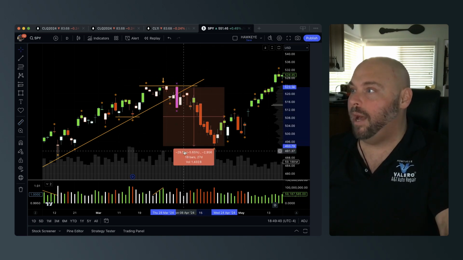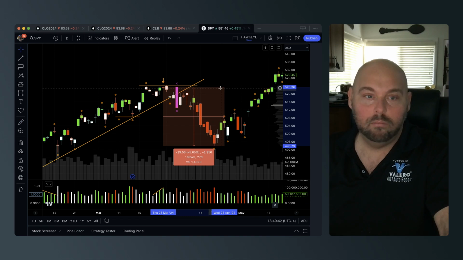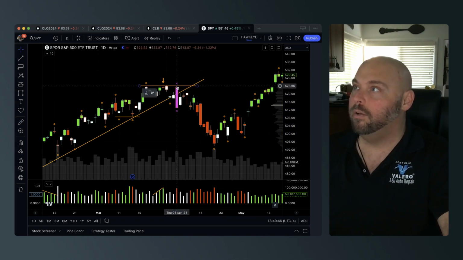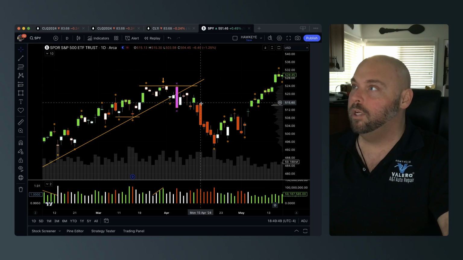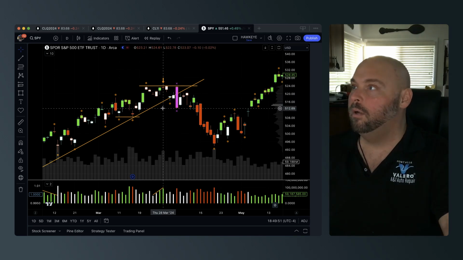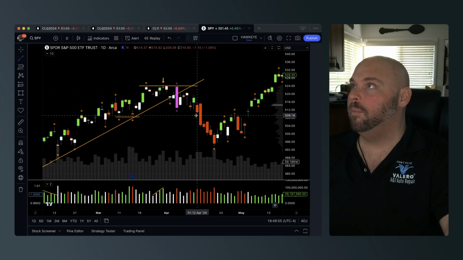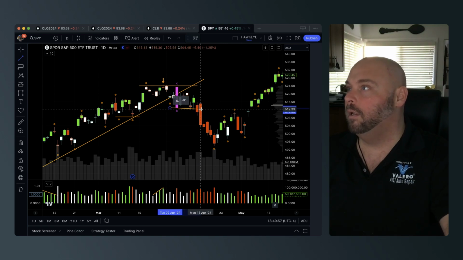The market fell back roughly 5.5%. We got strong selling coming in here. You see a wide bar. You see no ability to push above the wide bar. We push below it, close below it, and then the market sells off.